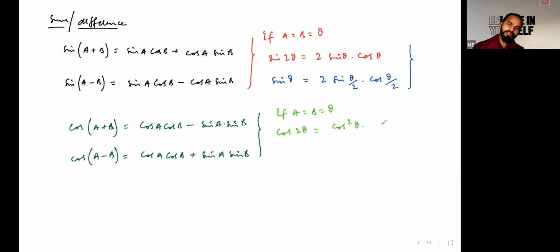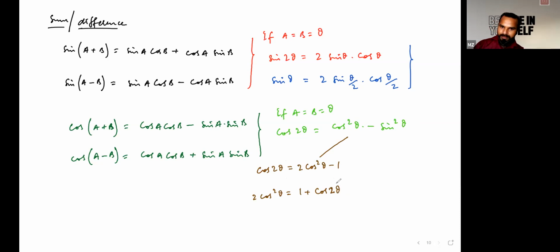So it will become cos square theta minus sine square theta. Now, if you break this particular term into two parts, first only in terms of cos, we may write it as cos 2 theta is equal to 2 times cos square theta minus 1. If you move this minus 1 to the other side, it will become 2 times cos square theta is equal to 1 plus cos 2 theta.